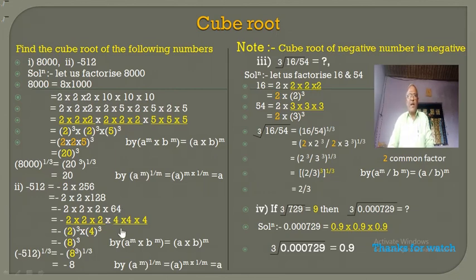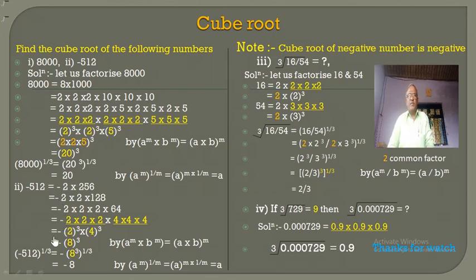64 again is factorized as 4 into 4 into 4. So we get here 2 three times and 4 three times in the factors of 512.